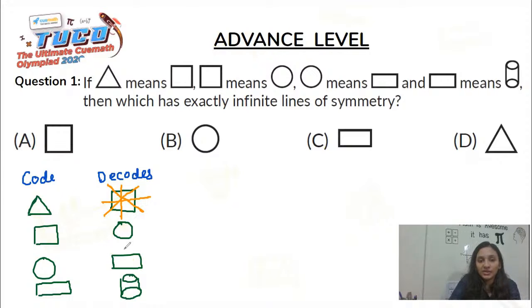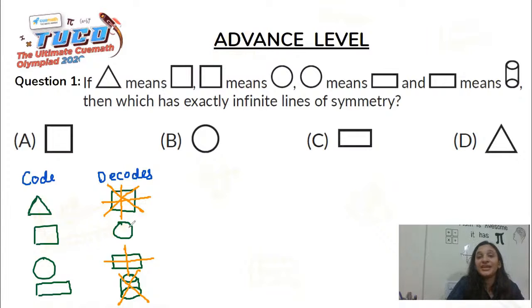So it has only 1, 2, these two lines of symmetry for a rectangle. And then we come to the cylinder. Now a cylinder is a solid shape, so this will not have a lot of lines of symmetry. It will have only a specific number again, because if I draw a slant line like this, a slant line like this, then these are not lines of symmetry, because on these lines, if you try to fold the shape, it will not exactly overlap the other one.